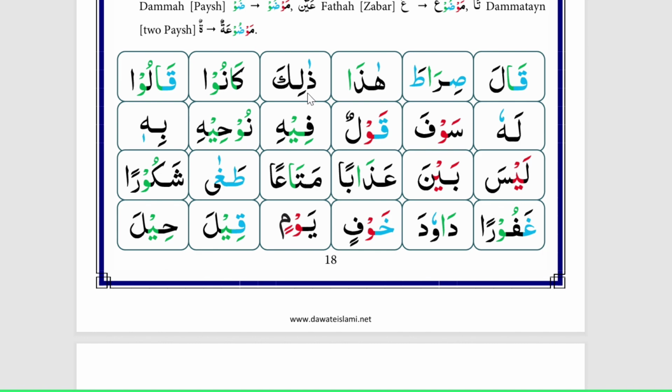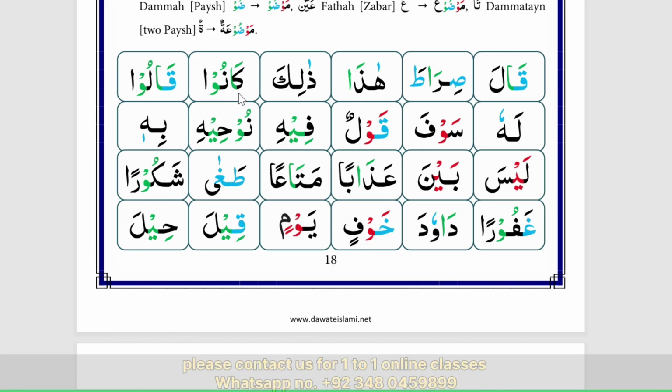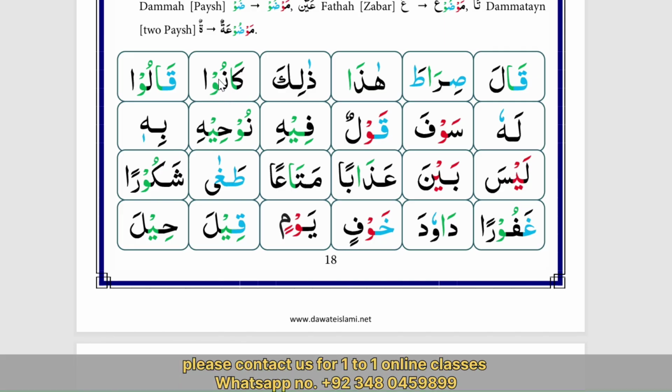Lam, zir li, zali, kaf, zabar ka, zalika. Kaf will be pronounced in a thin tone. Kaf, alif, zabar ka, noon, waw, peshnu, kanu. Again we can see if pesh comes before waw sakina, then waw madda will be done.